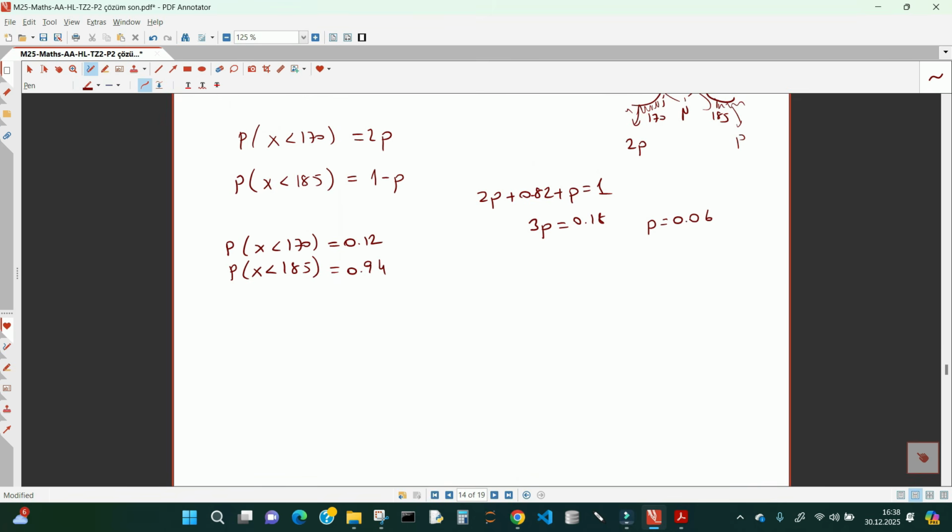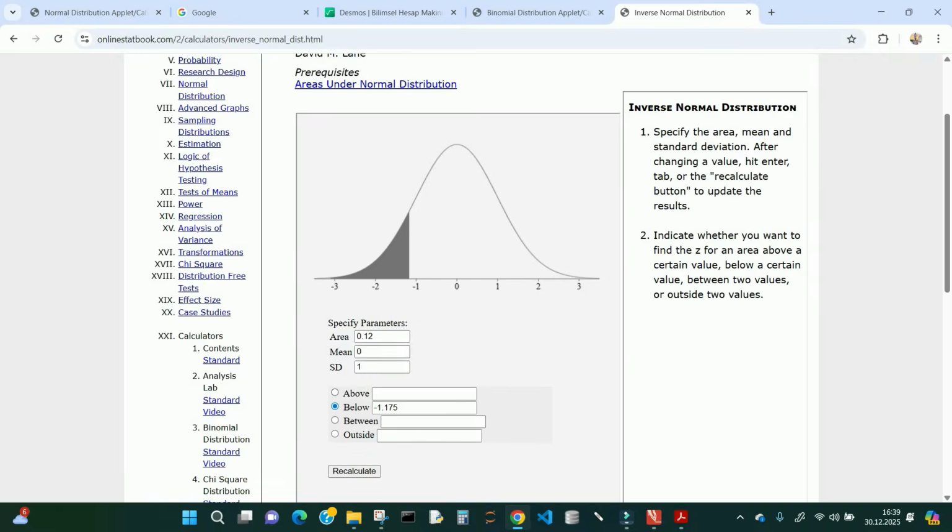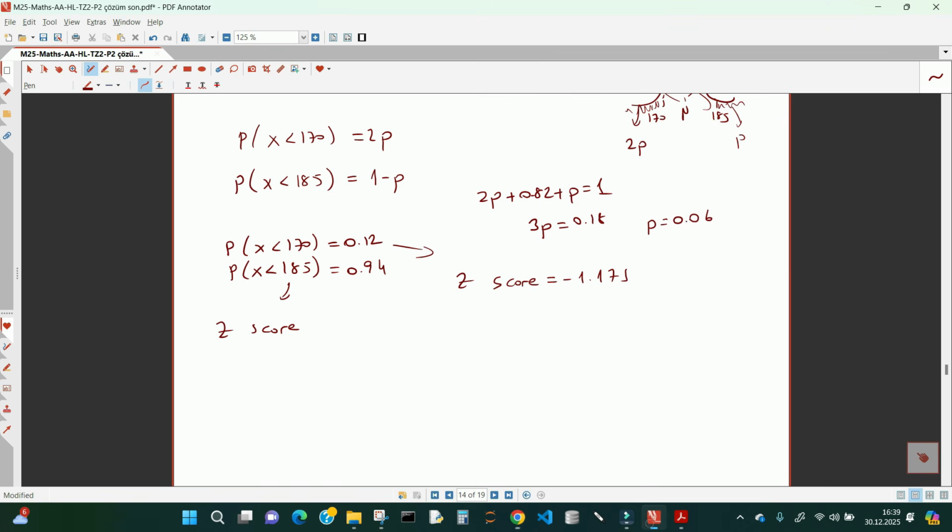How about the other z-score for the probability 0.94? It is 1.5548. There is also a formula in the formula booklet you can find.